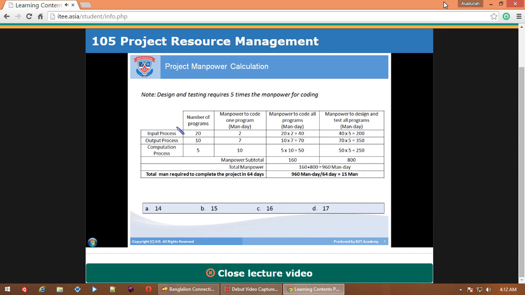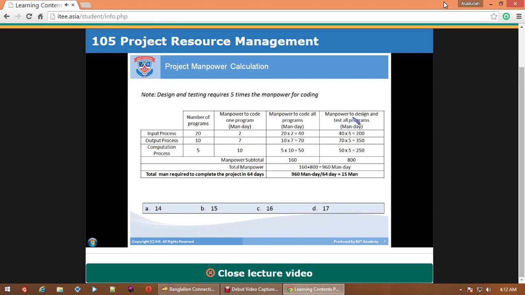In this system, there is input process, and it has 20 programs. Manpower for 1 program coding is 2 man days. So to complete the coding of 20 programs, we need 20 into 2, that is 40 man days.